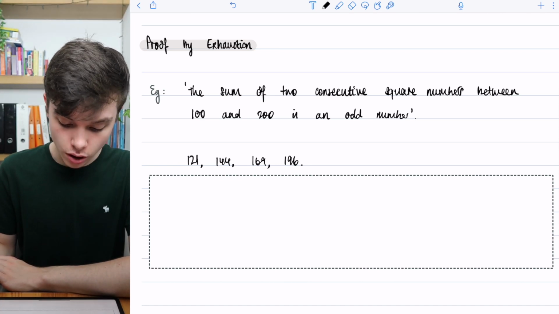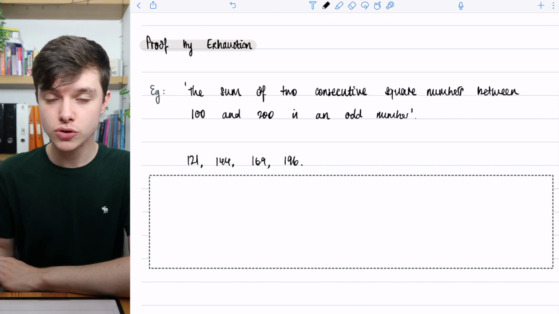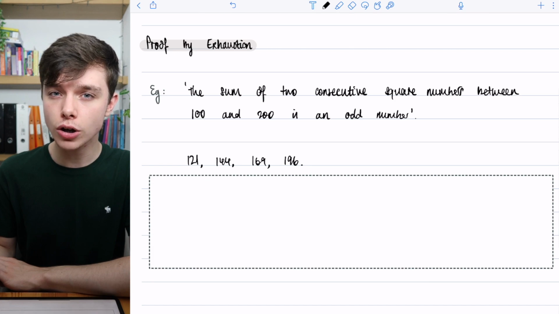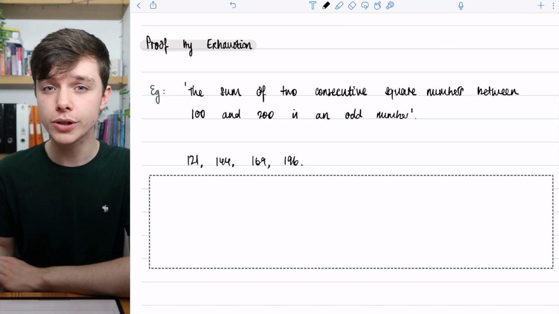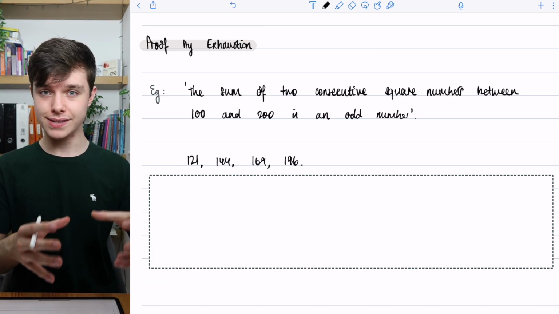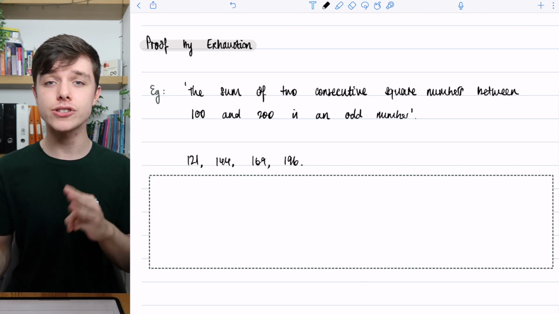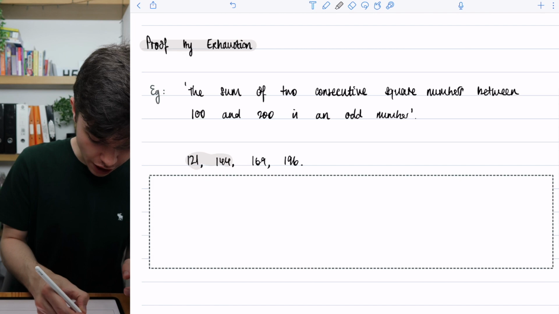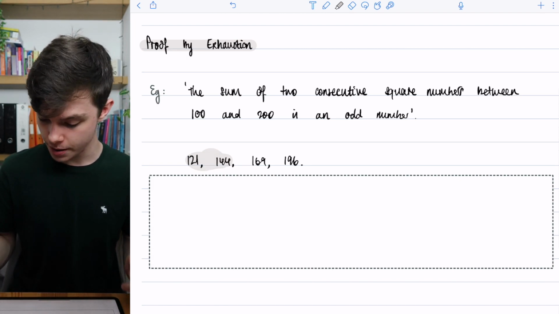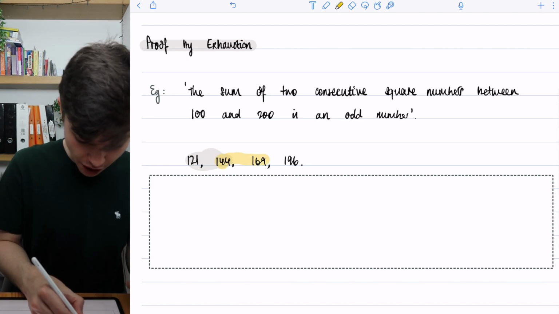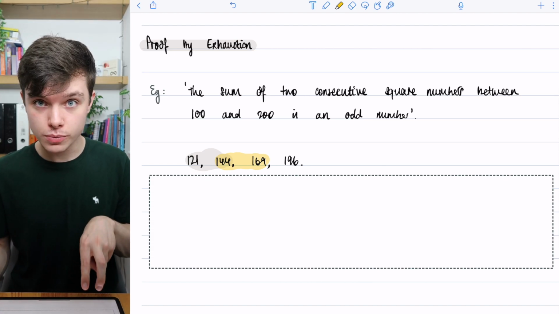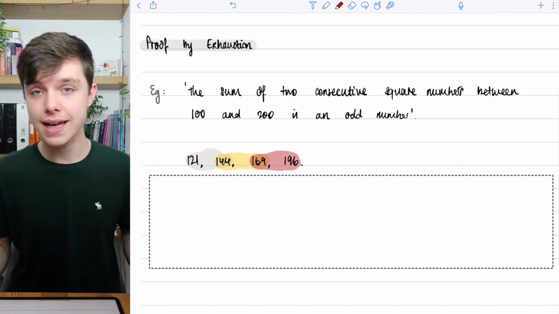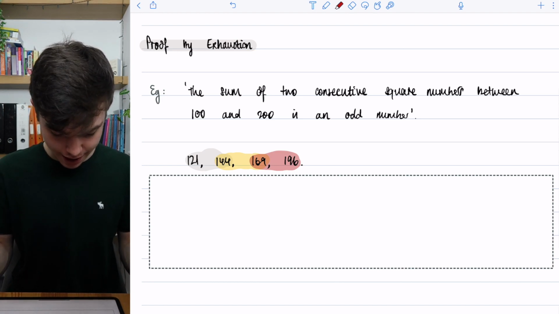So those are the 4 square numbers that are between 100 and 200. An exhaustion proof for this is not going to be too exhaustive because all we're doing is summing the consecutive pairs together. That's only 3 pairs. We sum the first two together because they're next to each other, then the next two, and then the last two, because they're 3 consecutive pairs there.